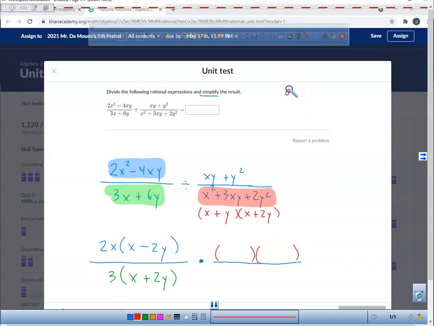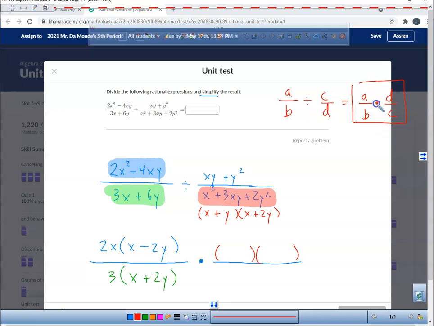Here's the rule. If you have a divided by b divided by c divided by d, that's the same as saying a divided by b times d over c. Okay? So when you're dividing fractions, you're actually multiplying by the reciprocal. See how the d goes on top and the c goes on the bottom?